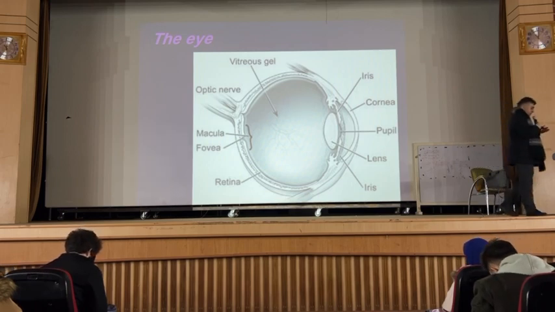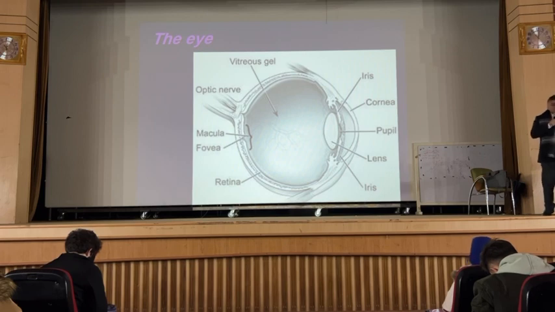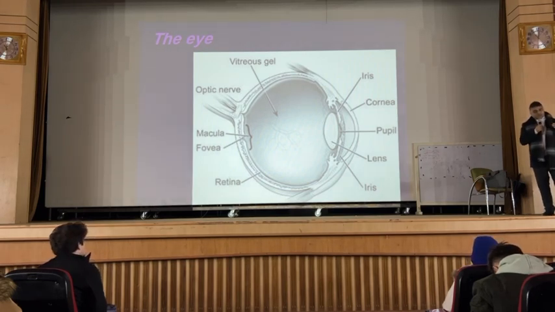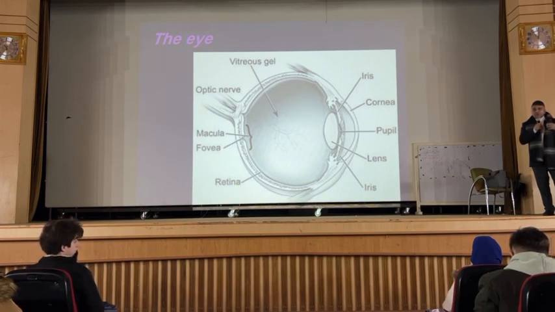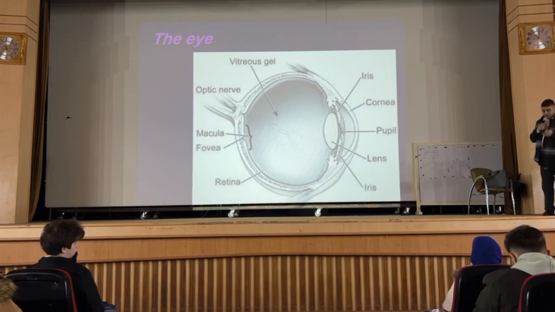When the light enters our eye, there will be light impulse or light energy. In the photoreceptors, there will be chemical changes, chemical reactions, and it will change to an electrical impulse.